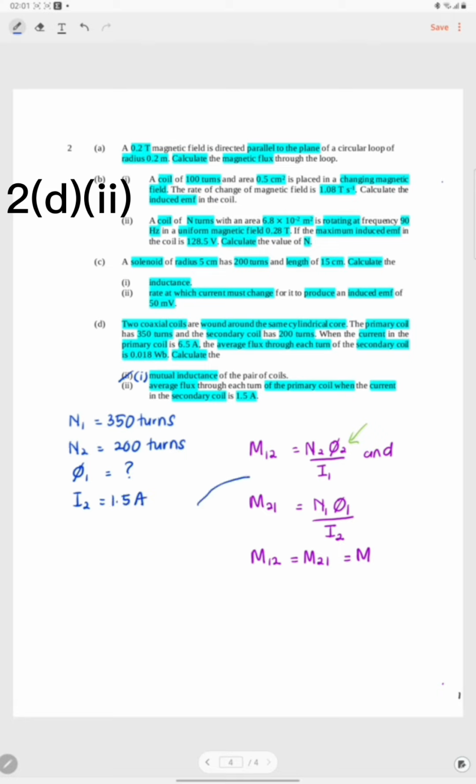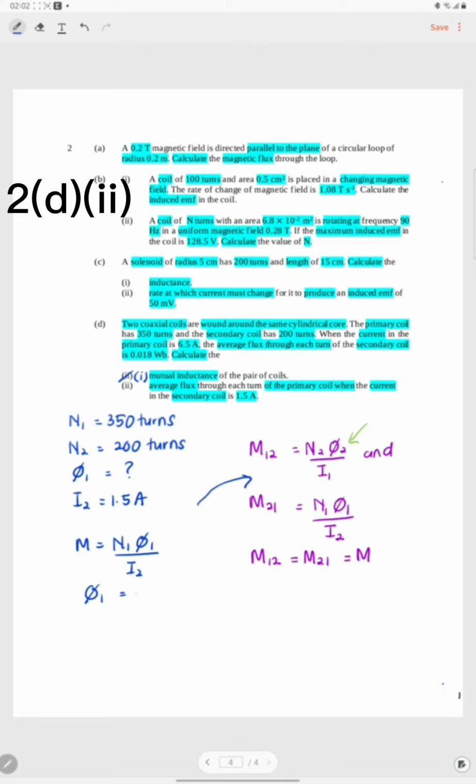Then back to this equation, which equation suits the information given here? So we need to use the equation with I2: mutual inductance equals N1 times magnetic flux 1 divided by I2. We need to determine magnetic flux 1.